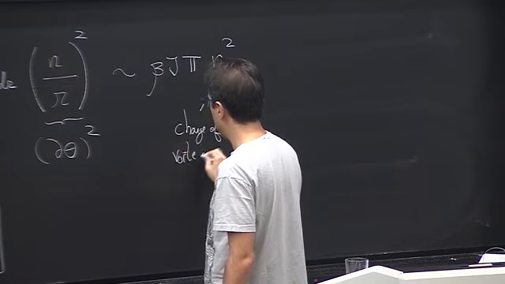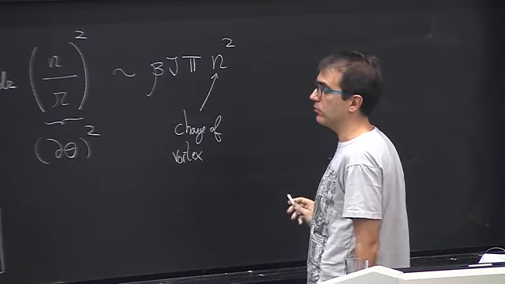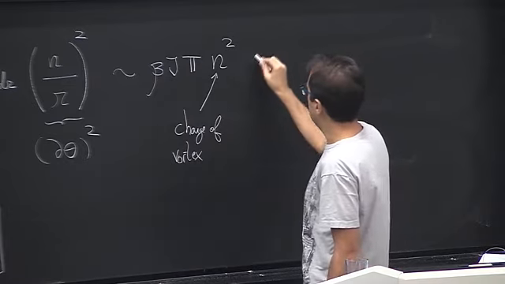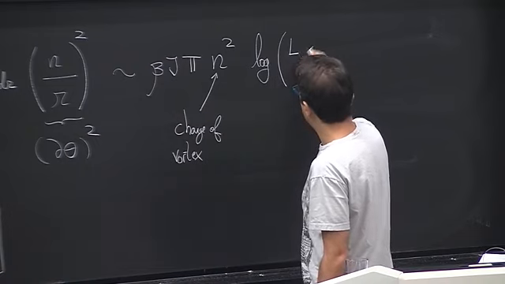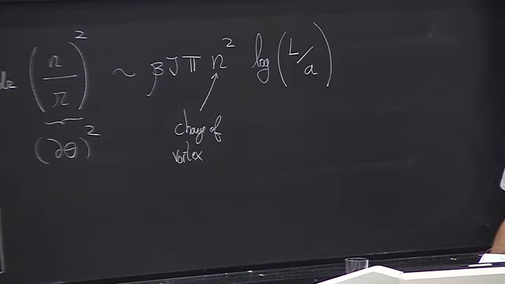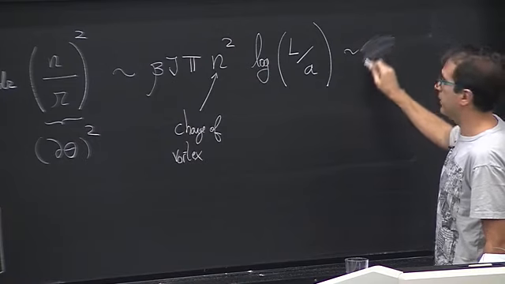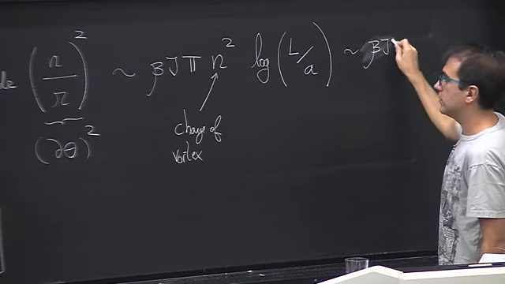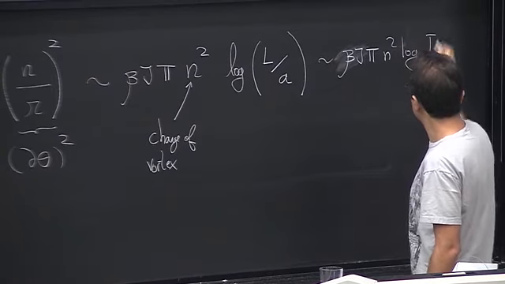It's how many times the angle winds as I go around. So the smallest ones have n equal to 1. And then the integral would give me logarithm of the size of my system over a. And what matters is, of course, the upper limit, and it gives me beta j pi n square logarithm of the size.